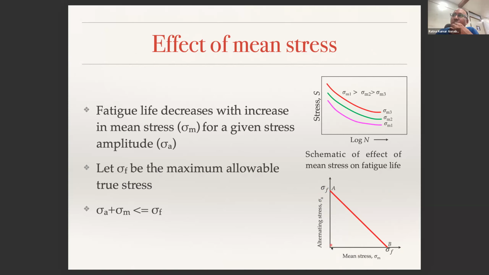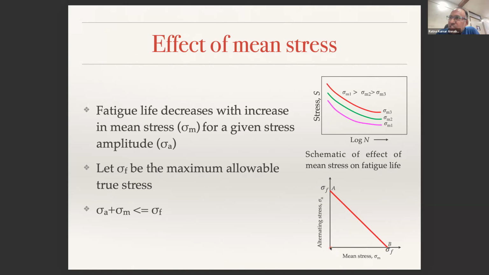Static load. When you have a static load, when will the material break? At the ultimate tensile point. So the sigma F here corresponds to the ultimate tensile strength of the material, when the stress amplitude is 0.